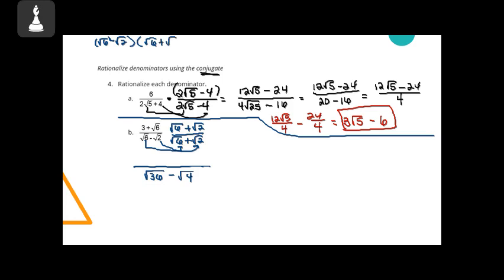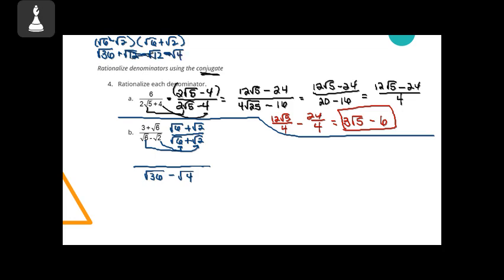Root 6 times root 2 is plus root 12. Now I have negative root 2 times root 6, so that's negative root 12. Negative root 2 times positive root 2 is negative root 4. These middle ones cancel each other out. So that's why we can shortcut it with a conjugate.